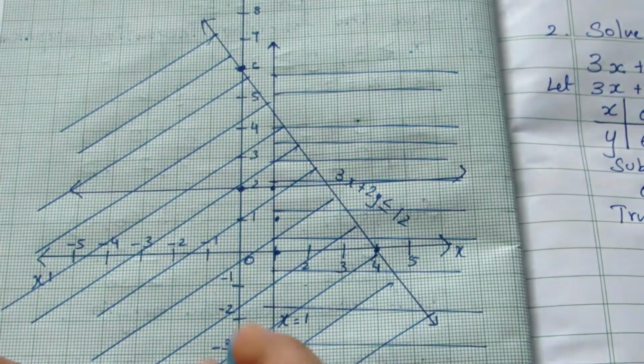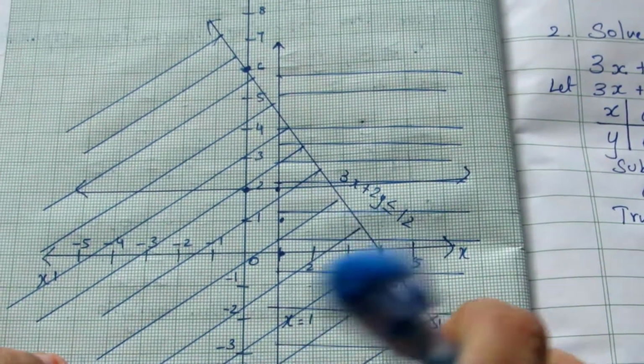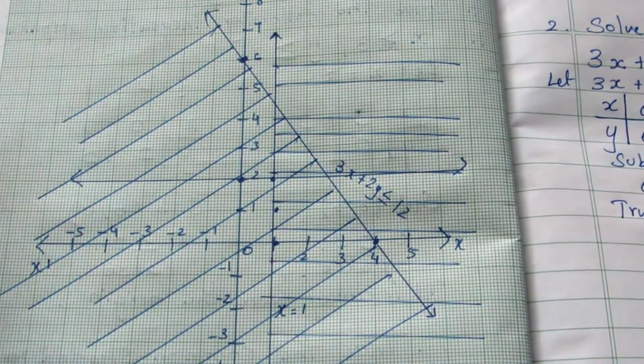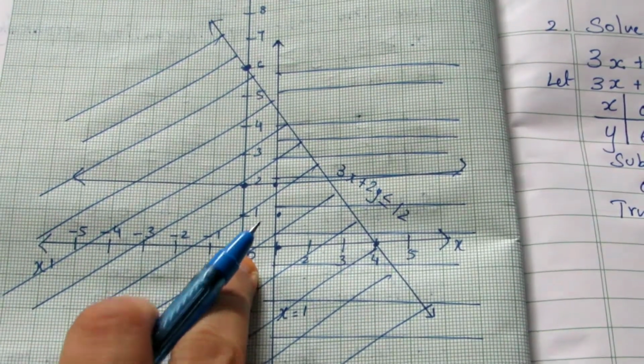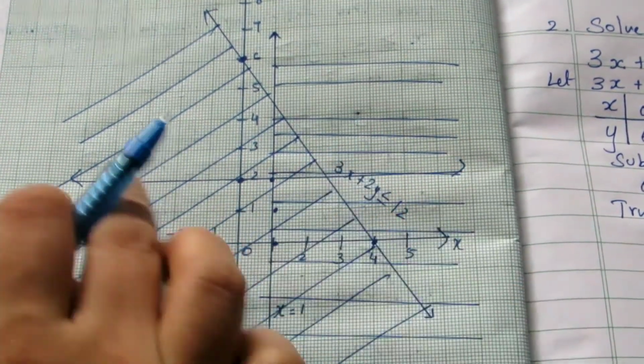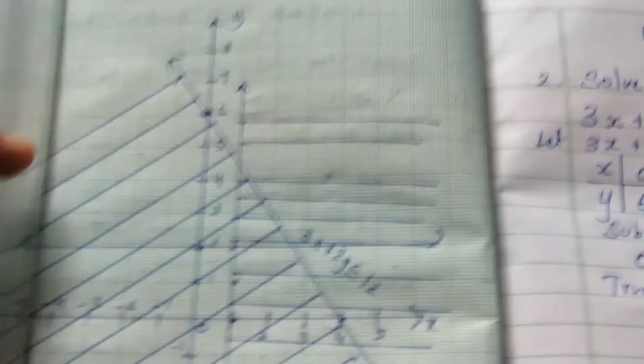This is the portion which is away from 0, 0. And for the other graph, even that is false, so it should be away. The line is here, it should be on the top.